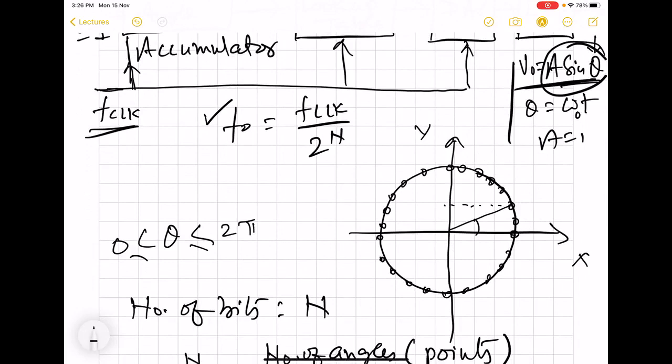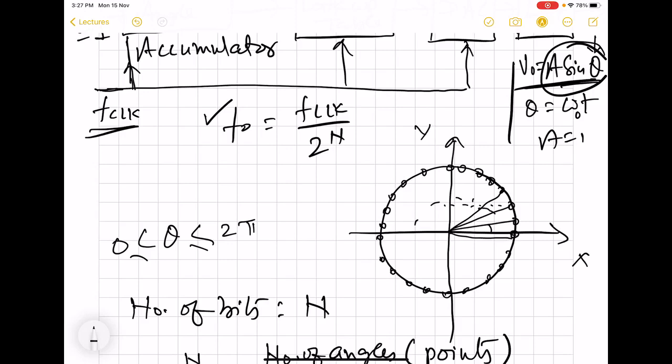For example, earlier we were reading every consecutive angle information. Say this one, then this one, then this one, and so on and so forth. So we read a total of 2 raised power n angles to create one complete cycle. That means to cover this circle once.